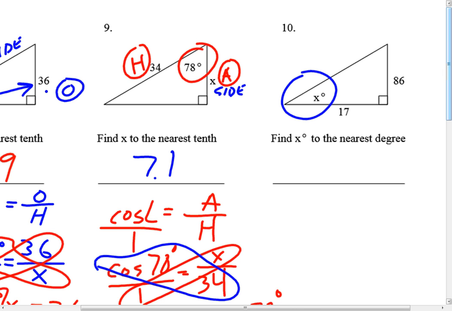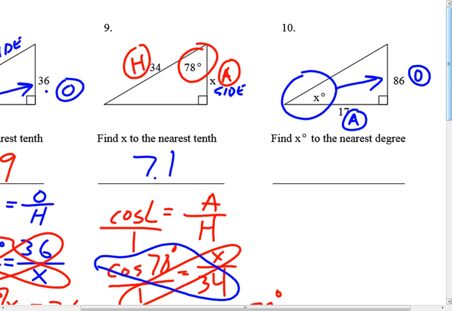It's still my base of operations. I still label two sides. You might have more sides. If you have more sides, then you can choose any two that you want. Since I only have these two, I'm going to label the 86 as opposite. Or what am I labeling the 17 as? Adjacent. The legs are always either O or A.